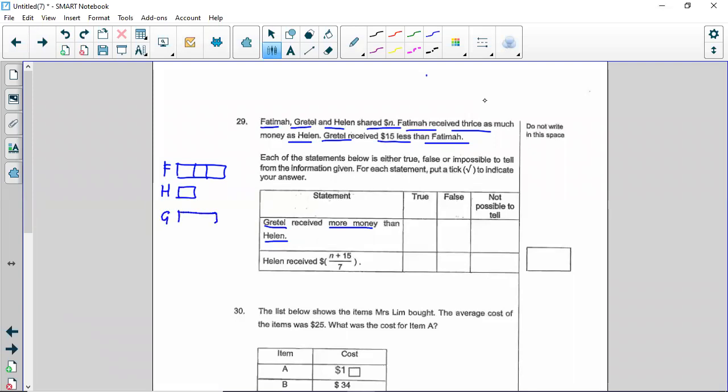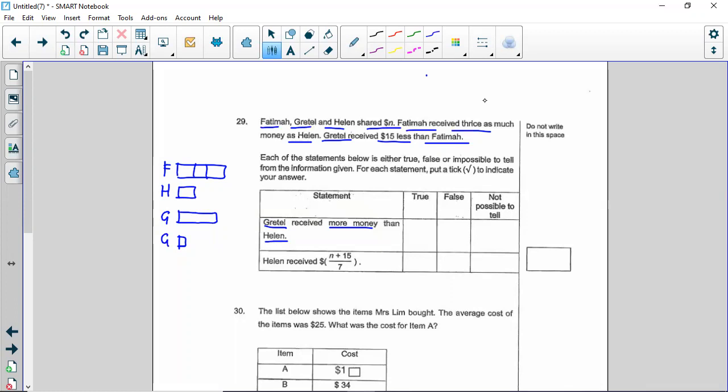Now you must understand that Gretel's rectangle must be shorter than Fatima's, but her rectangle could also be shorter than Helen's. We are not sure, but definitely Gretel received less money than Fatima, right? So we are not sure whether Gretel has more money than Helen or less money than Helen.